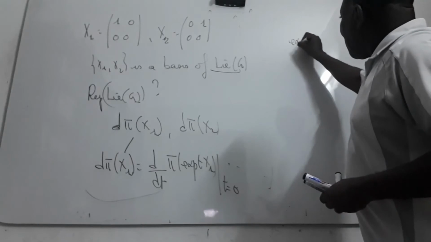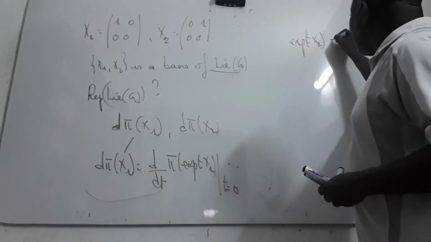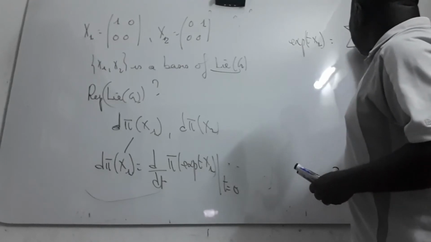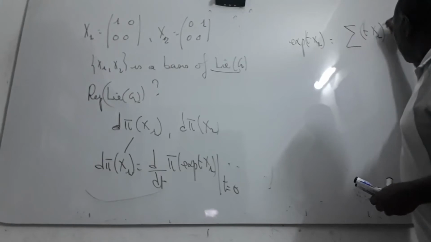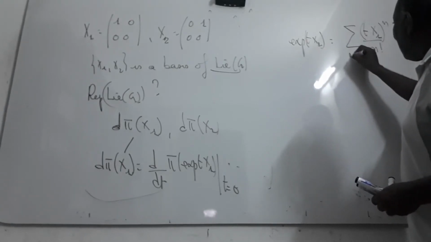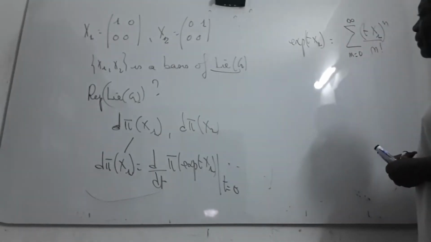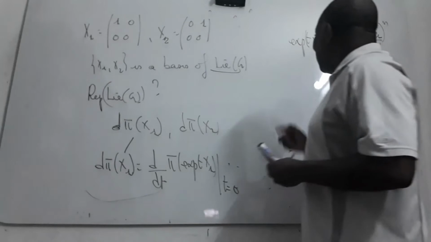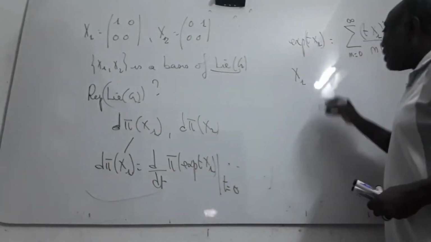You have the exponential of t x1. By definition, it is the sum of t S1 to the n over n factorial, for n from 0 to infinity. And here S is a diagonal matrix.